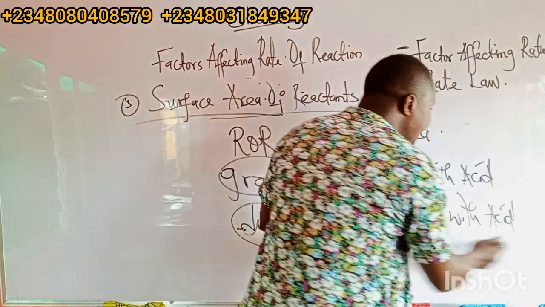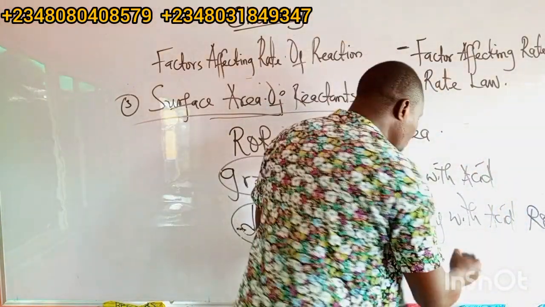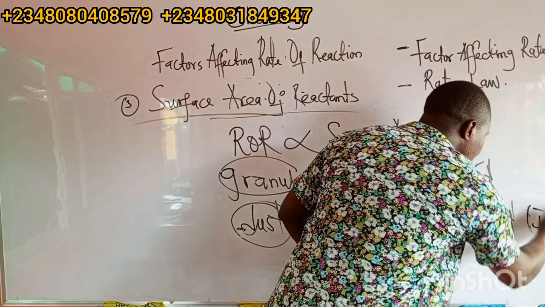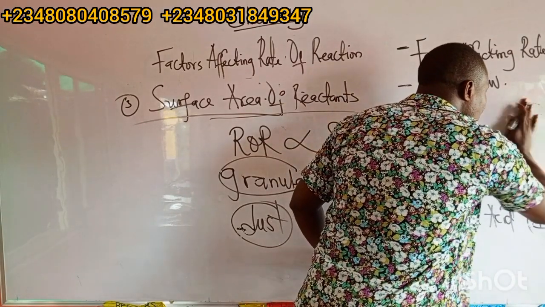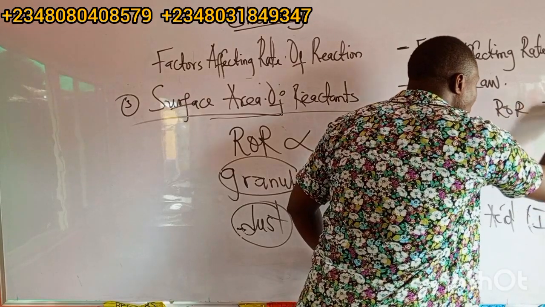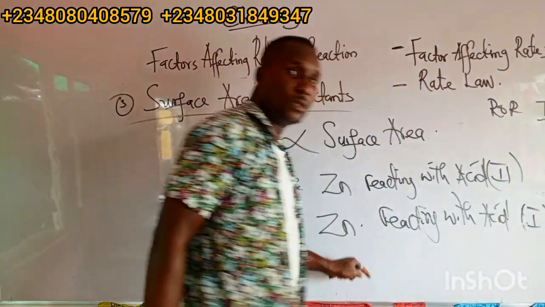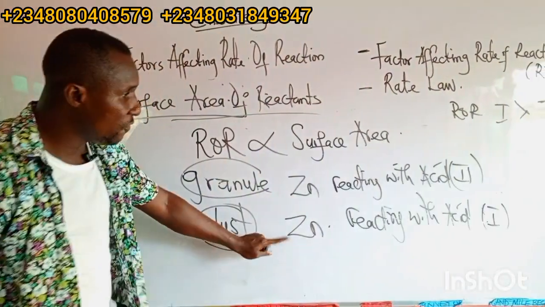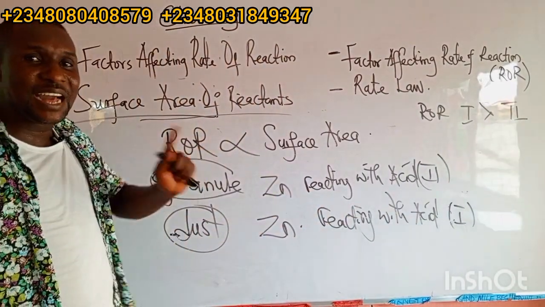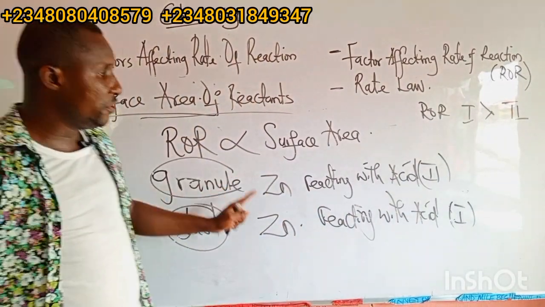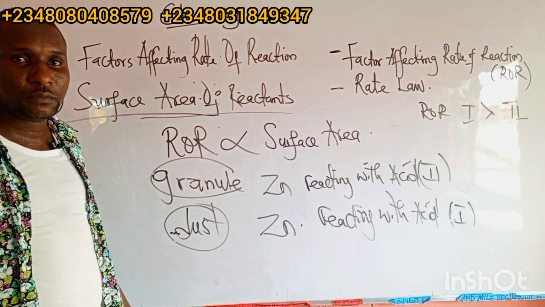That means the rate of reaction for this is greater than for this. Let me call this one Roman figure 1 and this one Roman figure 2. The rate of reaction of the first one will be greater than that of the second. The reaction between zinc dust and acid has a higher rate of reaction compared to the reaction between granule zinc and acid.